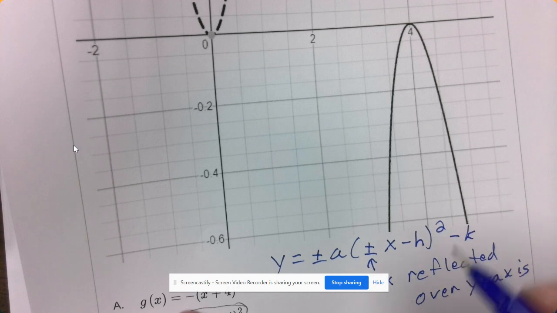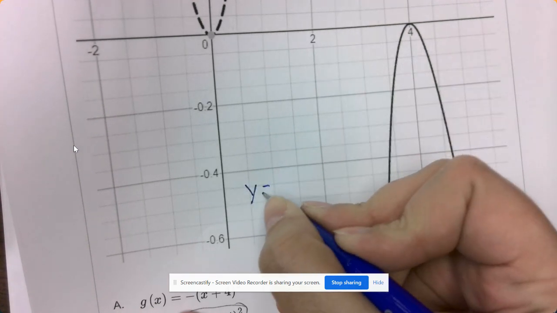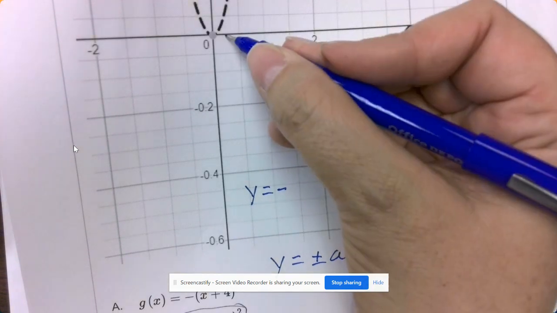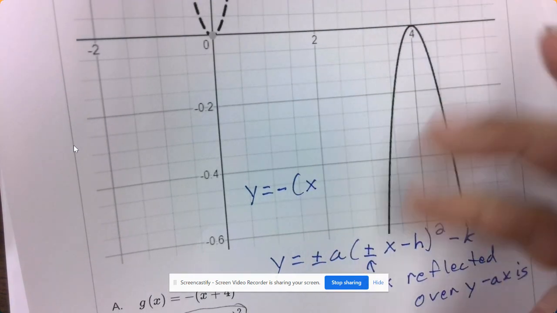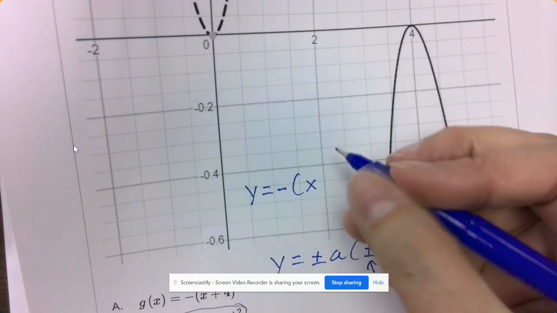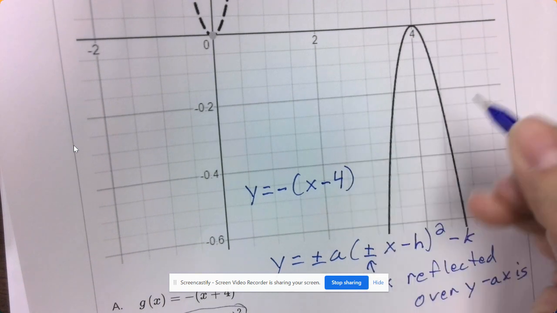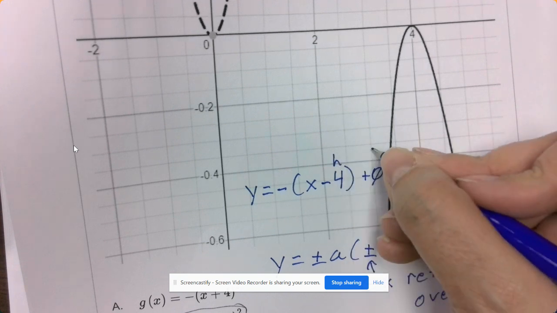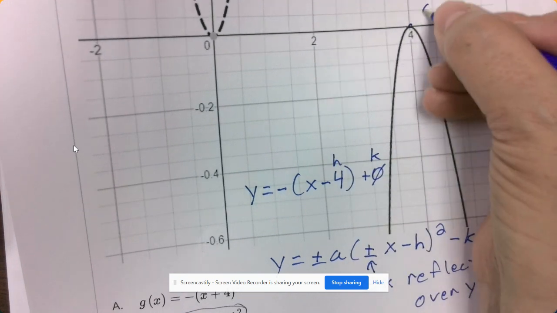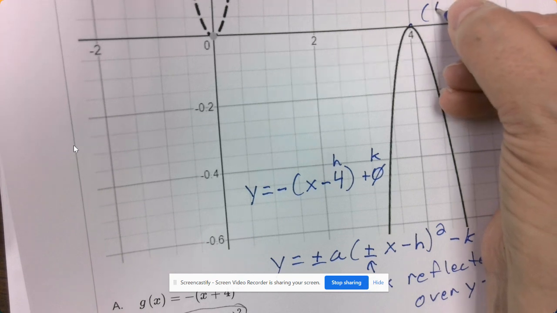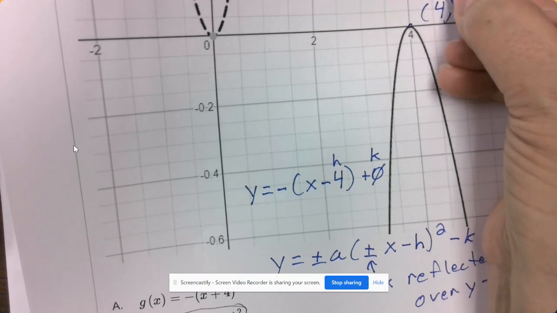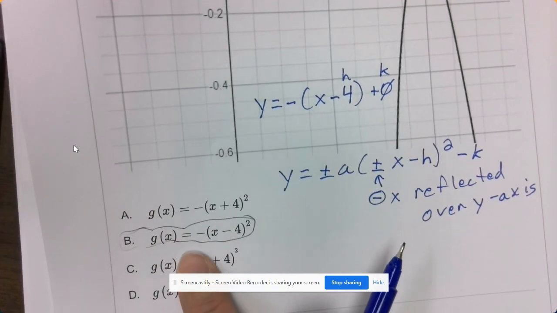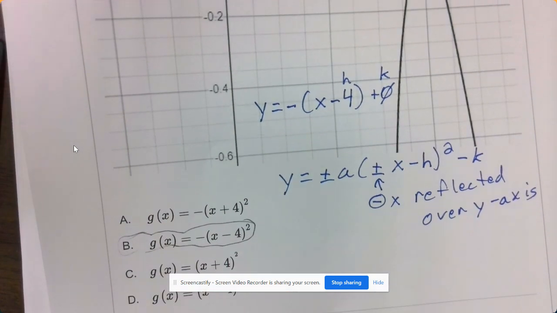So it is reflected over the x-axis. It's moved to the right 4. It didn't move up or down. So this is our h and this is our k. It's right here at 4, 0. So it's going to be g of x is equal to negative x minus 4 squared. Okay, all done.